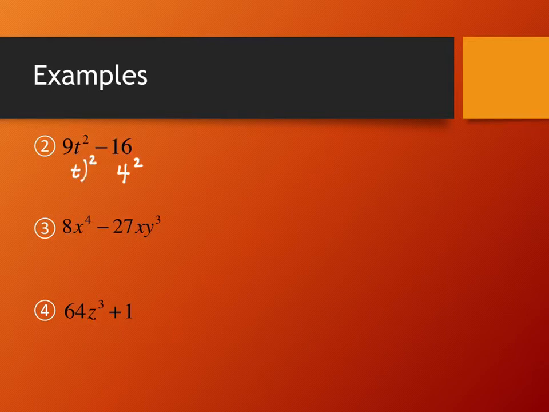But what number squared would give me 9? It's 3. So it's 3t that's being squared, and it's 4 that's being squared. That is a common pitfall, is to forget that that's the 3, not the 9, that I need to be using. Once I've identified those pieces, it falls just very nicely in the formulas we had before.